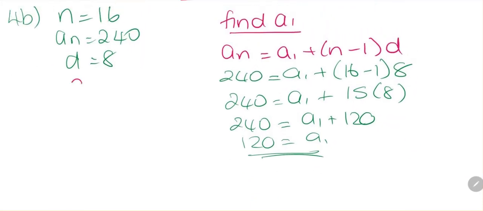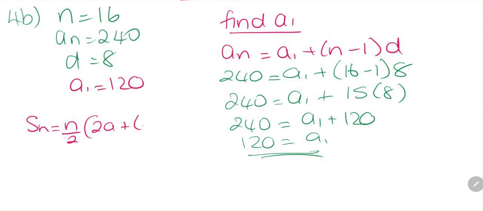So I know that a1 is 120. I have all the information I need, so I can just use my formula. The sum of the number of terms is n divided by 2 times 2a1 plus n minus 1 times d.